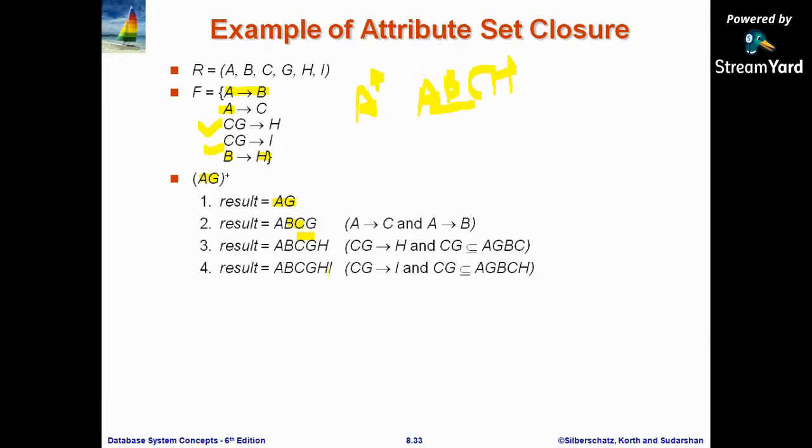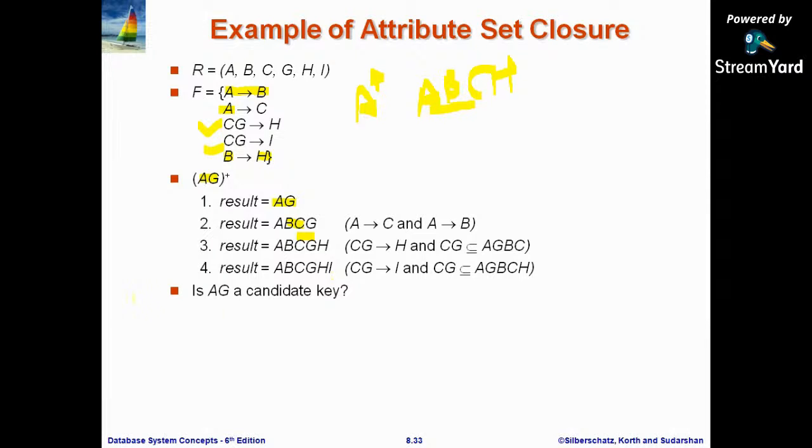No other functional dependency is left. So the result is A, B, C, G, H, I. That way you can calculate the closure of any attribute. They can ask you to calculate CG plus, B plus, or H plus, so you should know how to calculate the closure of any attribute.